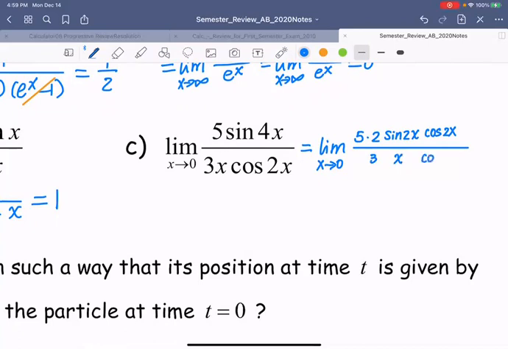Two. Seriously? You see what I'm writing down, you know? You remember the double angle formula, do you? Yes. Be the good boy. You have to be, okay?